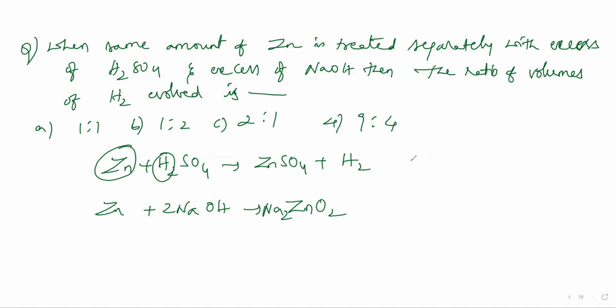Na2ZnO2 plus H2. So, what is that ratio here? This is 1 mole, this is 1 mole. So, what is ratio? 1:1 ratio. Here 1 mole of hydrogen, here also 1 mole of hydrogen. Then what will be the ratio of hydrogen gas evolved? 1:1 ratio.